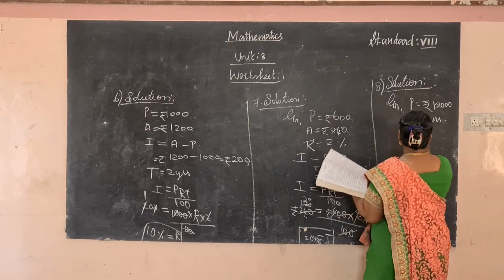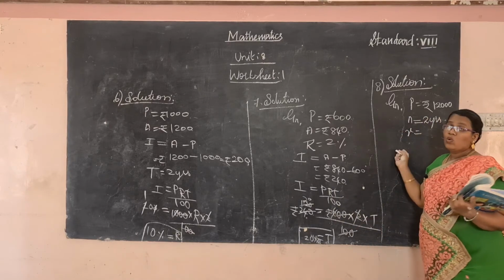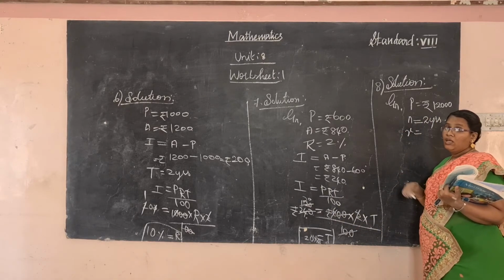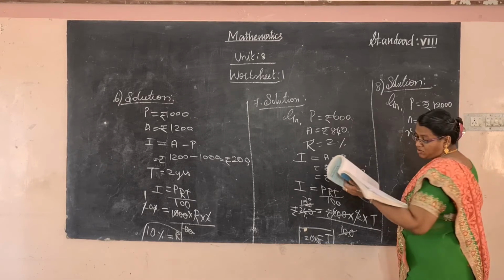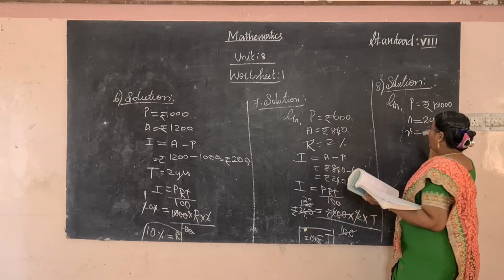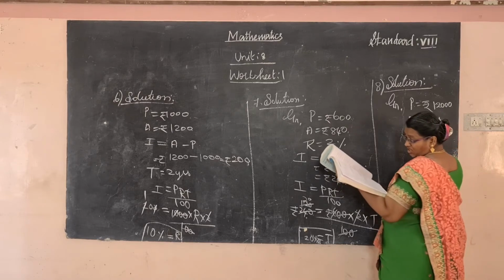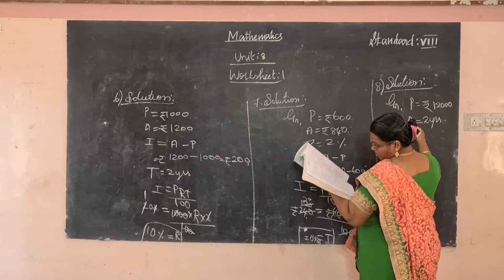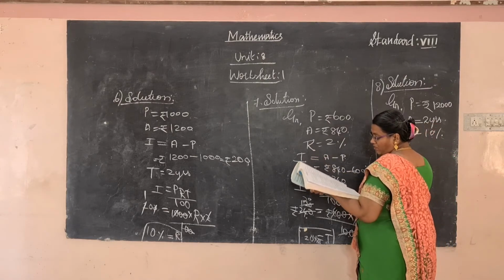Rate of interest small r. Why do we change the capital letter to small letter? Because I am using the compound interest formula, because we have to find out the compound interest. Okay, so we have changed the variable to small letters. So P, N, R. Okay, R value was 10%. Okay, compounded annually is given.